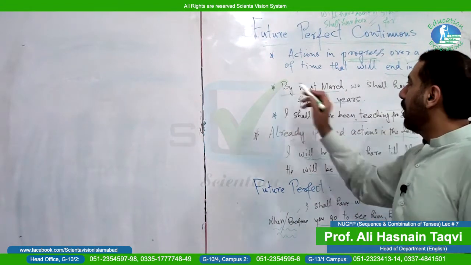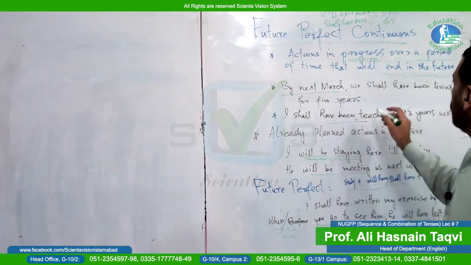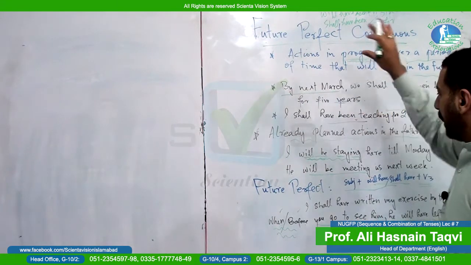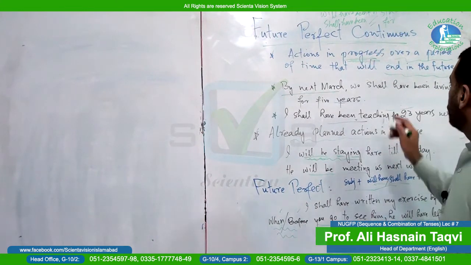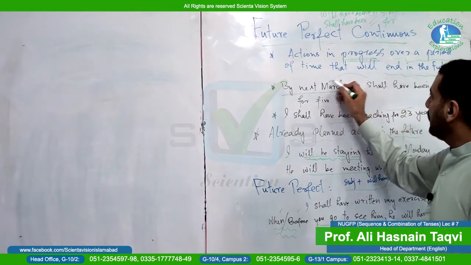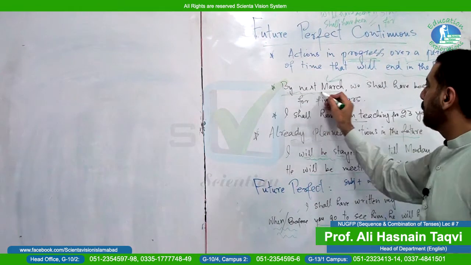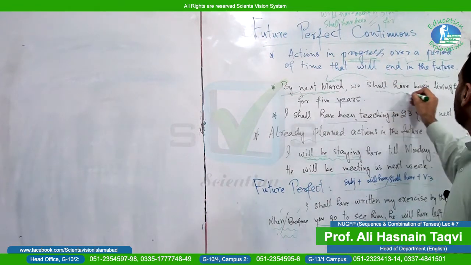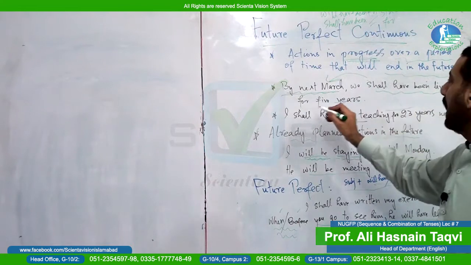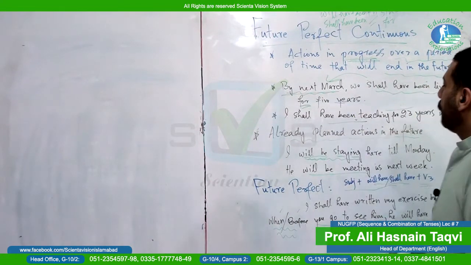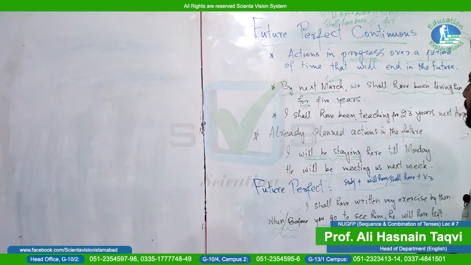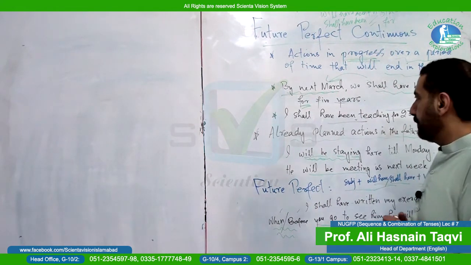Like by next March, a phrase, we are using some time frame in future which has yet not been reached. By that time we have to do something. So with these expressions you require shall have been, will have been, and then first form verb ing and since, for. So by next March we shall have been living here for 5 years.